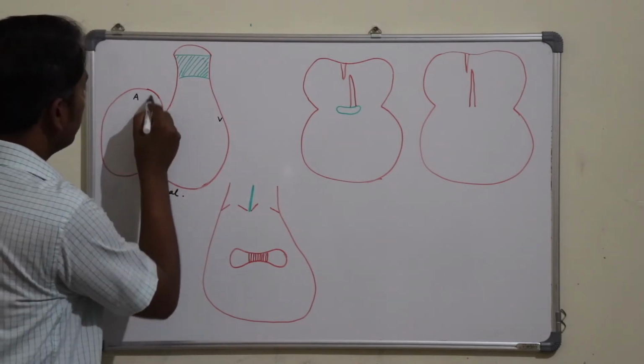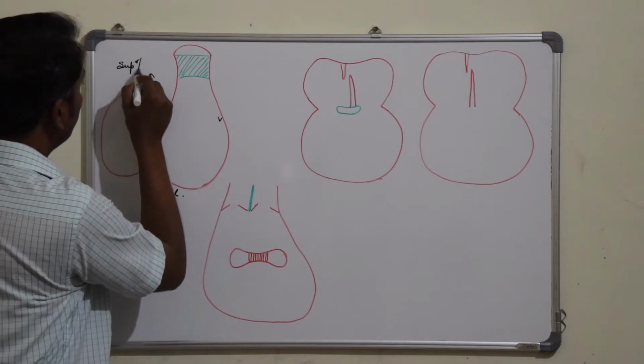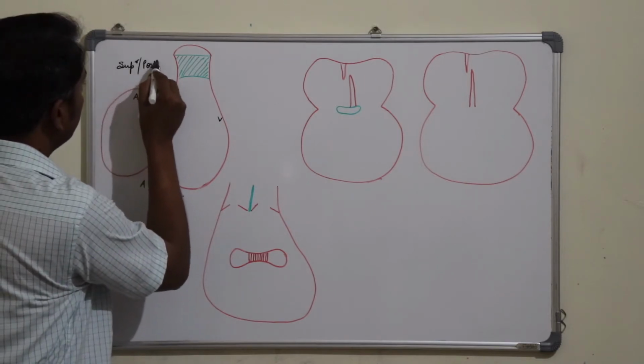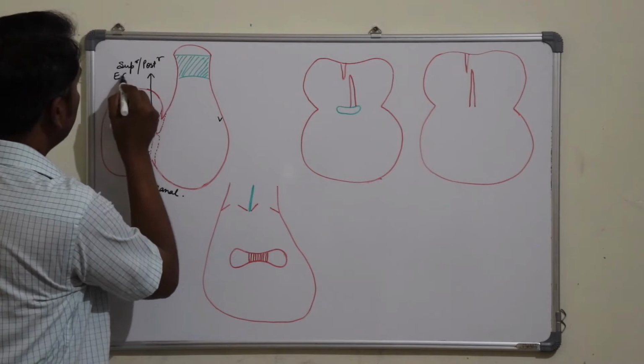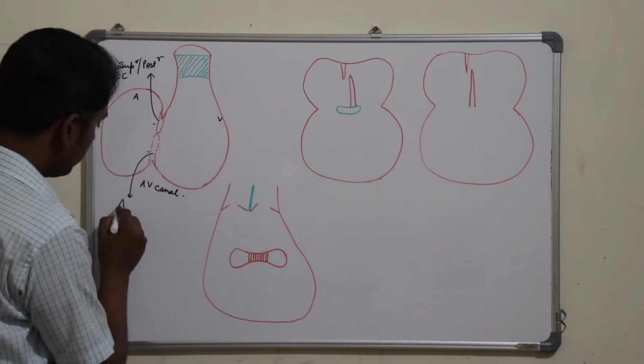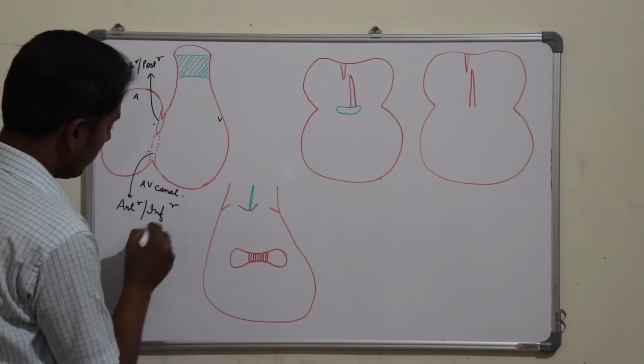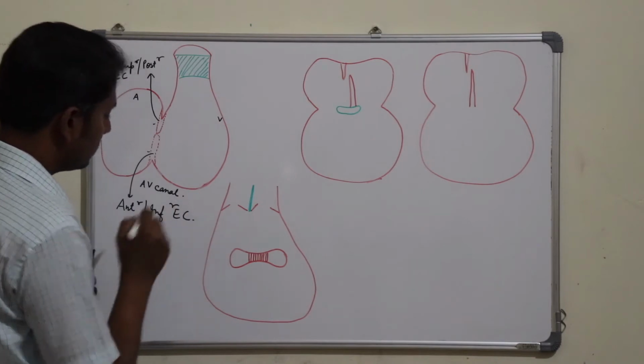This is the superior or posterior endocardial cushion. This one is the anterior or the inferior endocardial cushion.